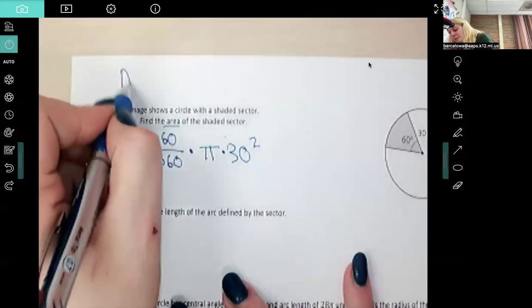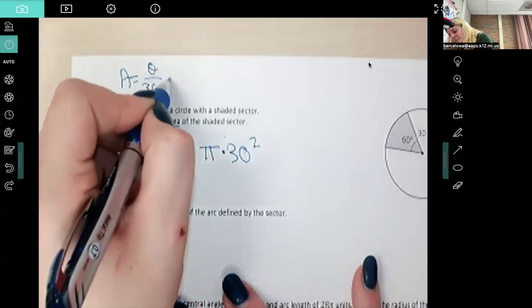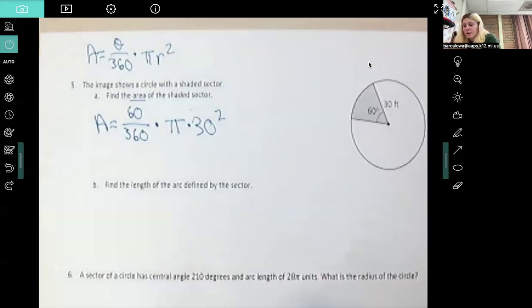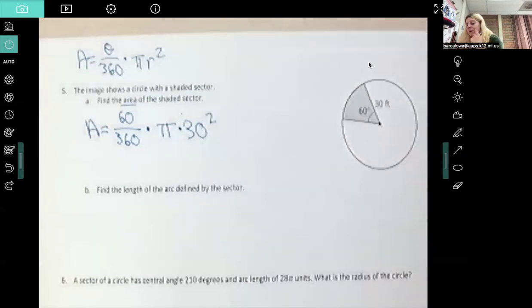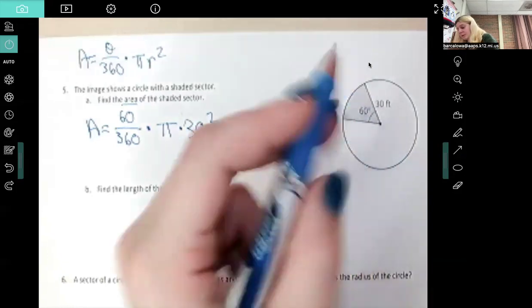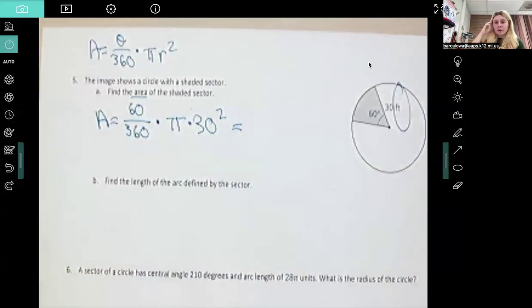Maybe you've seen a formula that looks like this. That's the formula I'm using. This is theta, a Greek letter that always represents an angle measure. Again, this is in feet, so don't forget about our units. Maybe I'll even circle it to remind myself. Type in just the numbers.